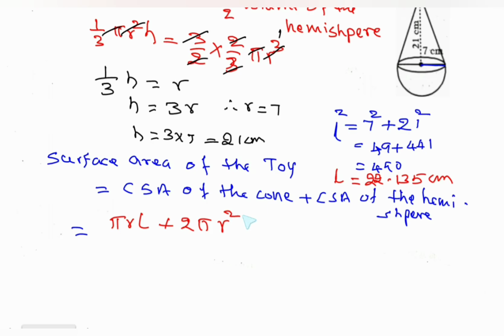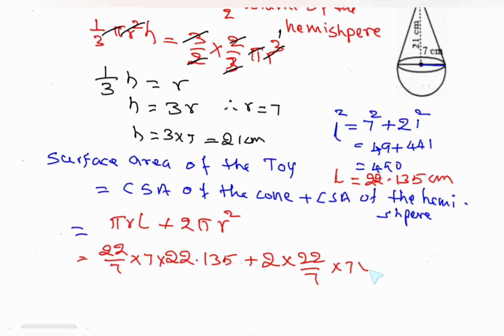Pi r L means 22 by 7, r equal to 7, and L equal to 22.135, plus the curved surface area of the hemisphere, which is 2 into 22 by 7 into r square, that is 7 into 7.